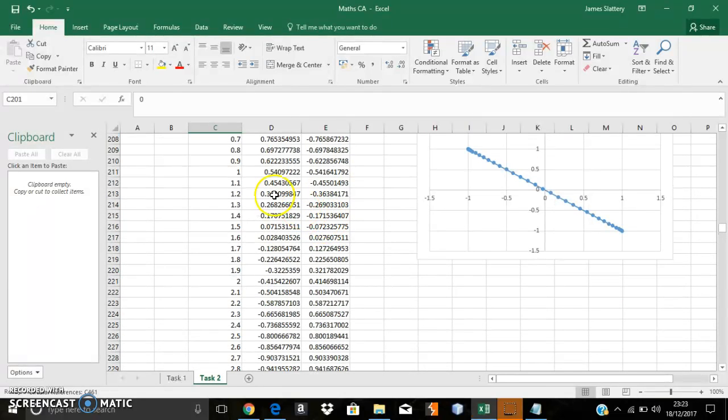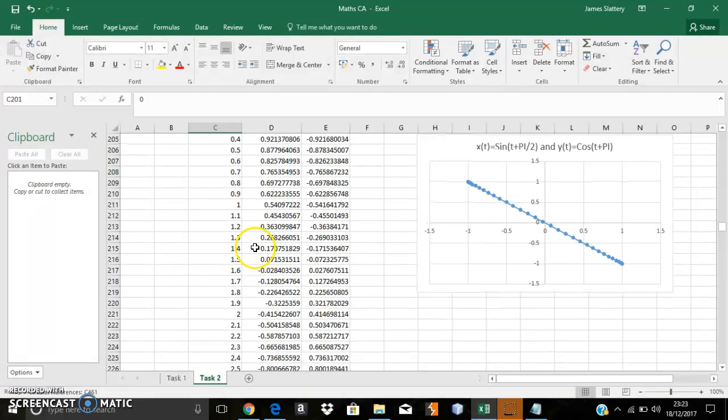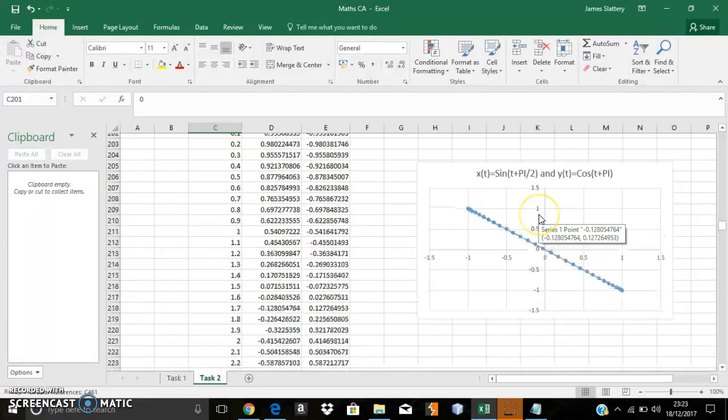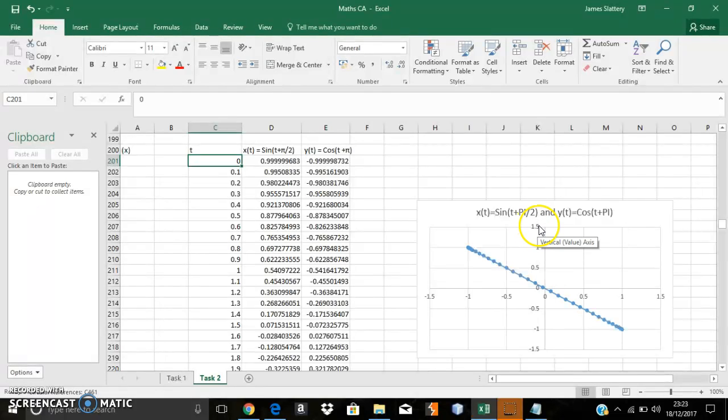And I probably went into too much of a step size on this one. That's why it has so many points along its axis. And it starts, as you can see, at 0.9999 and minus 0.9999. Those are the two starting points for the line.